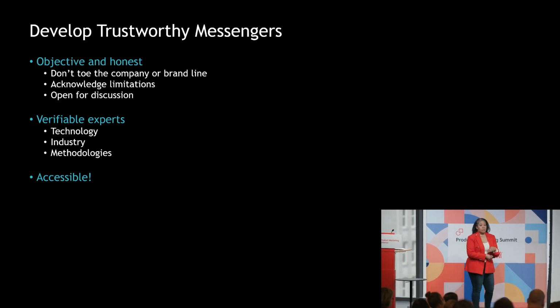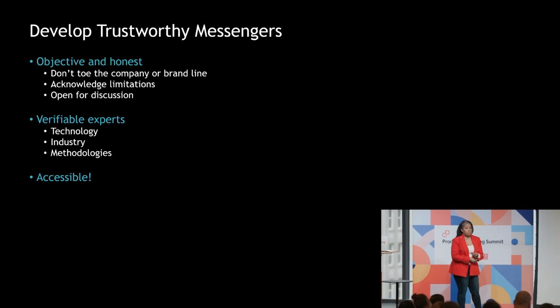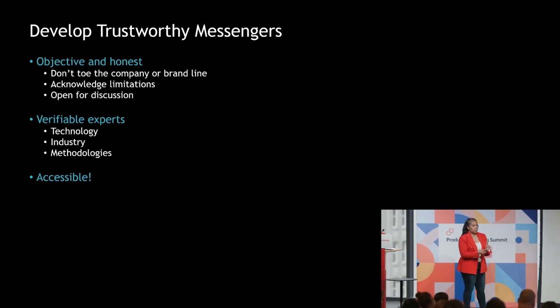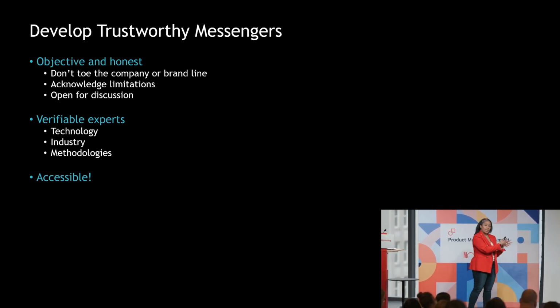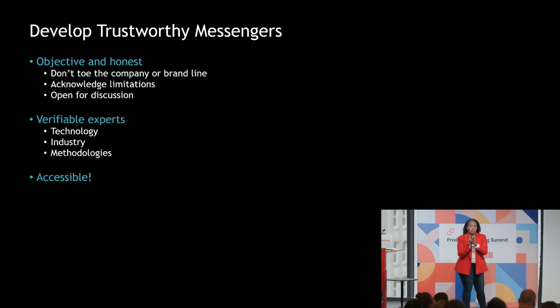Verifiable experts. They need to be able to talk the talk and really mean it, really understand it, and be able to take the technical terminology and convey that into value. So like I said, you, as a product marketer, don't necessarily need to be a developer, but you need to understand it, and you need to have people that can convey the messages you create and translate them into developer speak. And be accessible. This is important. It's one thing to post a message on Twitter.